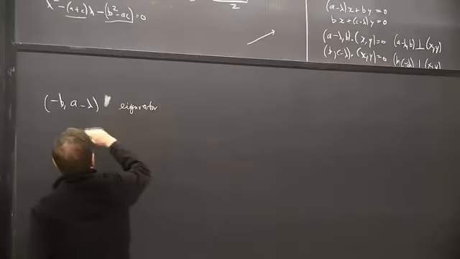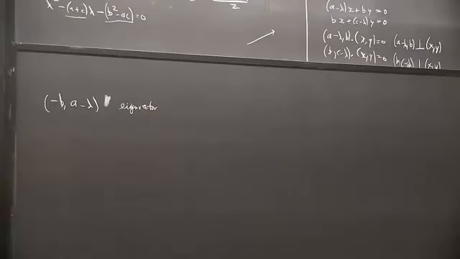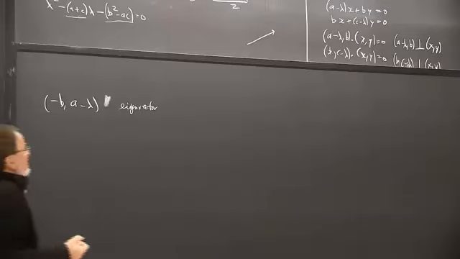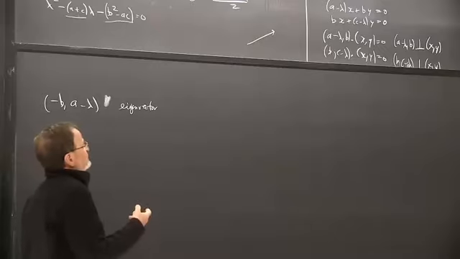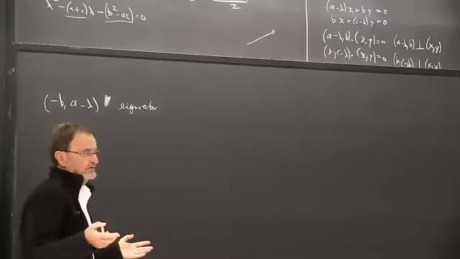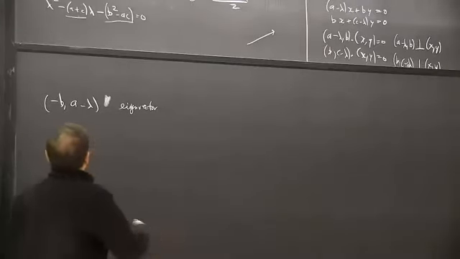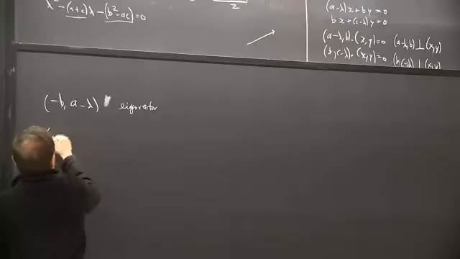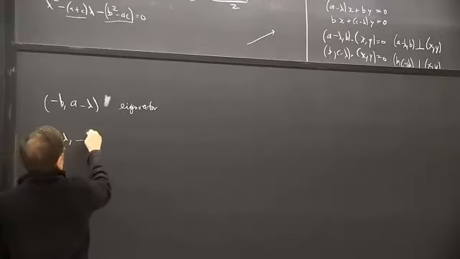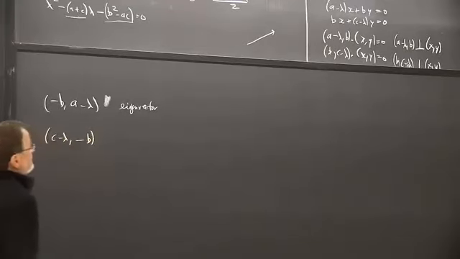Okay, so that's one of them. Now, actually, that's 2 of them because we can plug in the 2 different values of lambda. We get 2 different vectors. But why focus on the first row? This should be true of the other row as well. So let's try it on the other row. Well, here's a perpendicular to the other row.